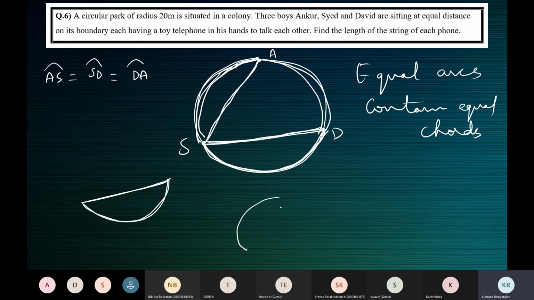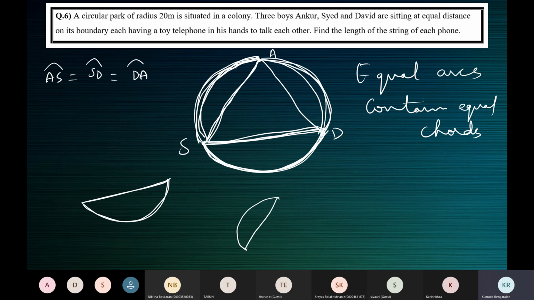This arc contains this chord. So see, arc AS, chord AS; arc SD, chord SD; arc AD, chord AD.